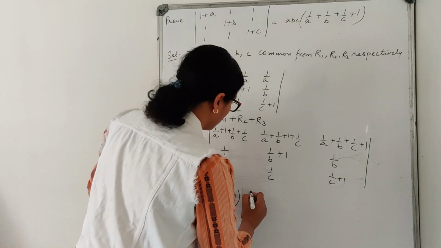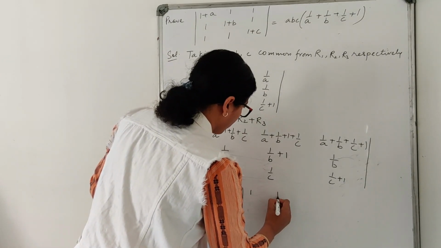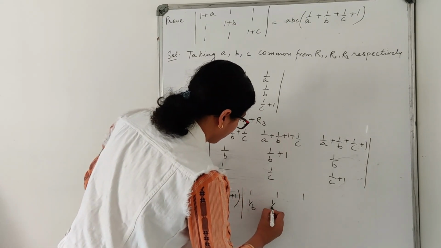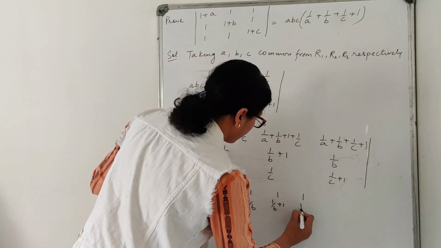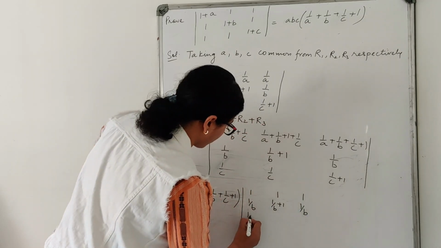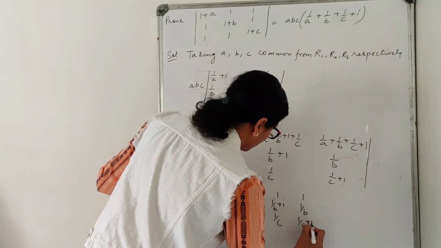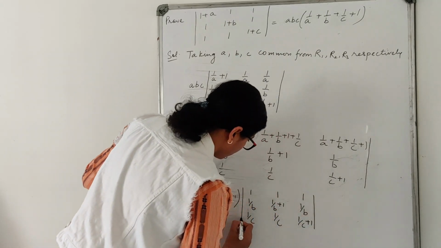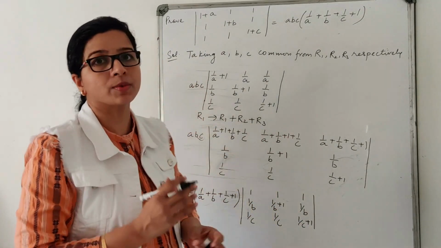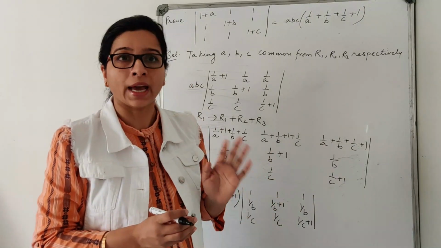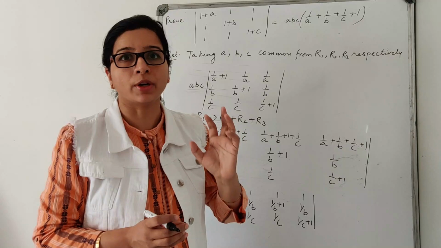So what am I left with? 1, 1, 1, 1 by B, 1 by B plus 1, 1 by B, 1 by C, 1 by C, 1 by C plus 1. So viewers, when we have 1, it becomes very easy to do. I will make 2 zeros in row 1 and then I will expand with the non-zero element of row 1.